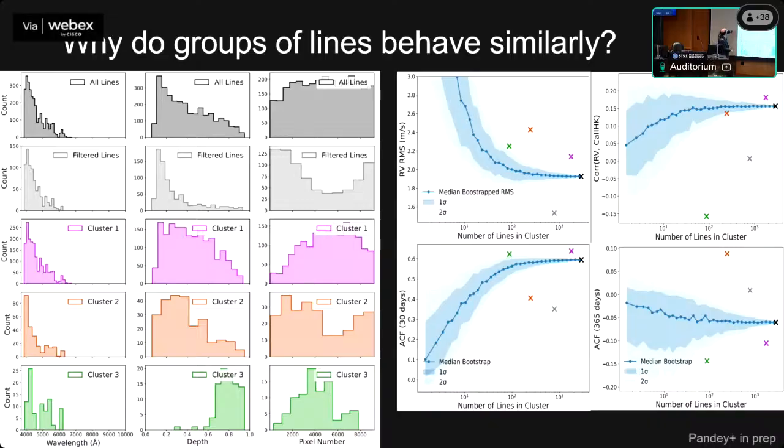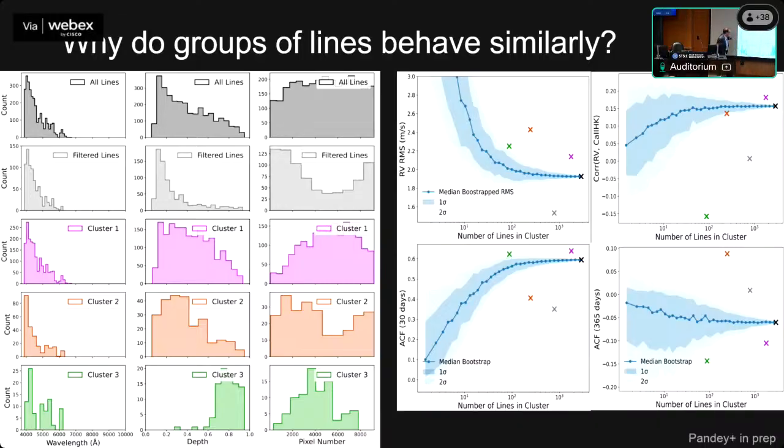And you can see a lot of lines in the blue, not too many in the red because the filtering for tellurics removed most of them. And we can see what's happening with all lines. Then we can look at any individual cluster and see, okay, these basically follow the overall distribution. Maybe this one disfavors shallow lines. This one disfavors the lines at one edge of the detector, the blue edge.